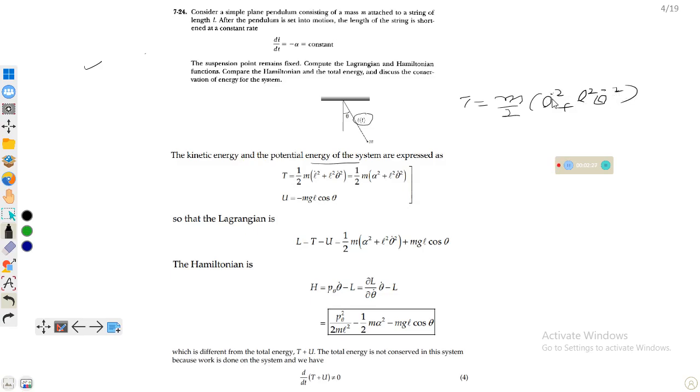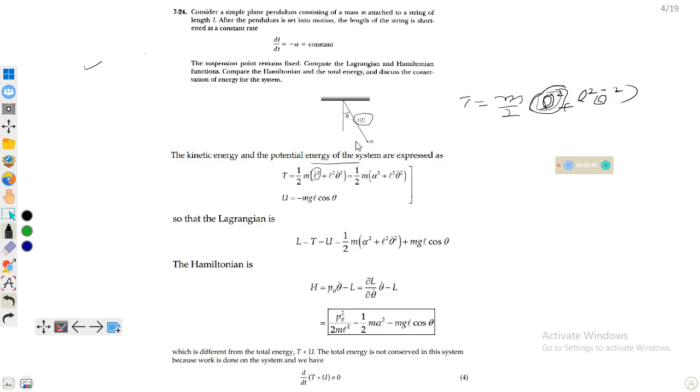In this case, this L is going to change. Otherwise it remains constant, but here the length is changing. Therefore we put a dot sign, and this term also contributes to the kinetic energy. So kinetic energy is m over 2 (L dot square plus L square theta dot square).